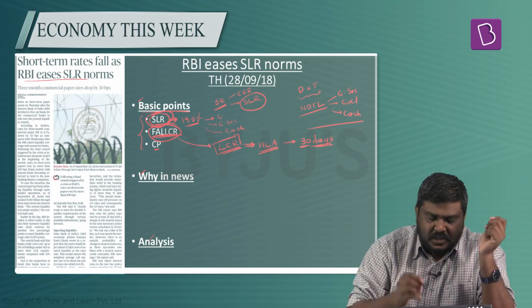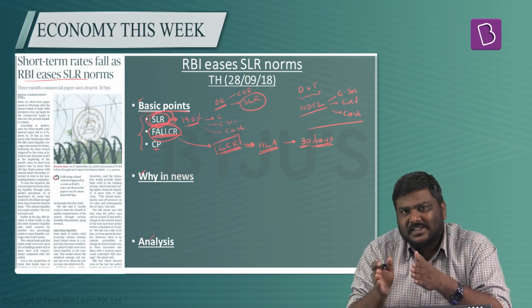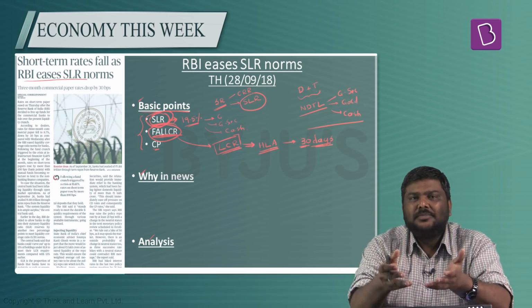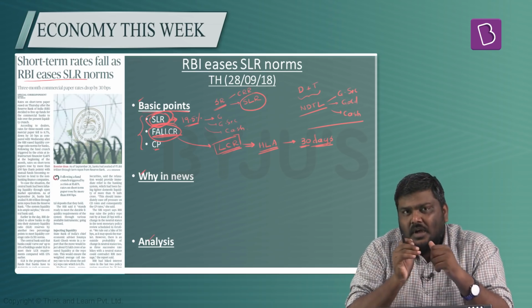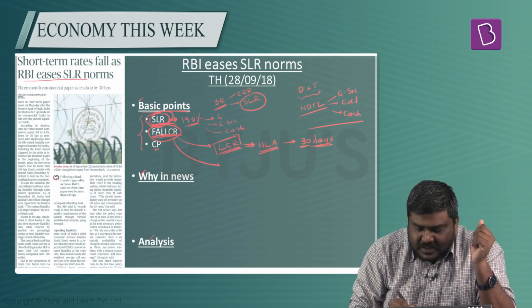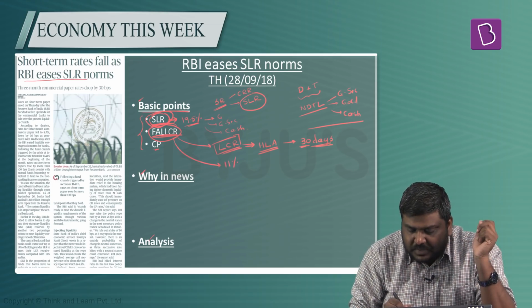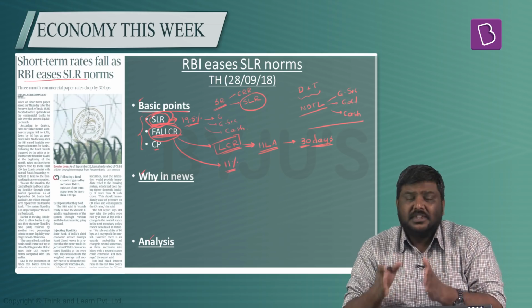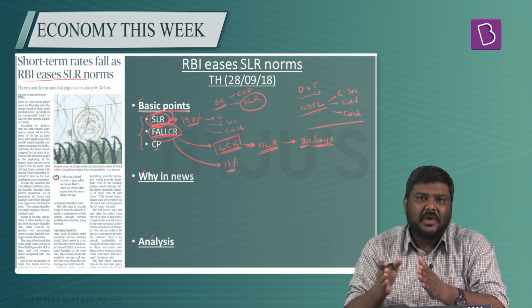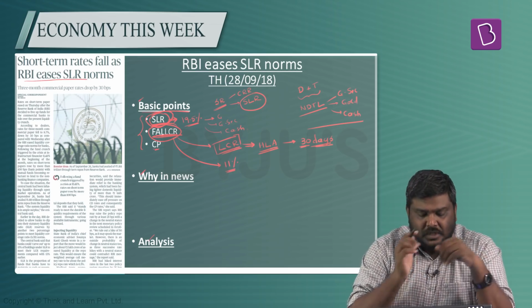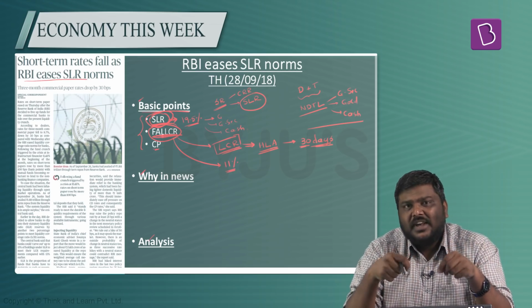The securities the banks have purchased under SLR, that is G securities, they can again pledge back to RBI to get the liquidity. Earlier, under FALLCR, RBI had given an option of pledging up to 11% of NDTL in the form of G securities, which the banks can pledge to RBI and get the liquidity. So that is the concept of FALLCR.